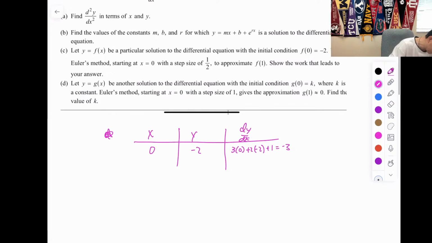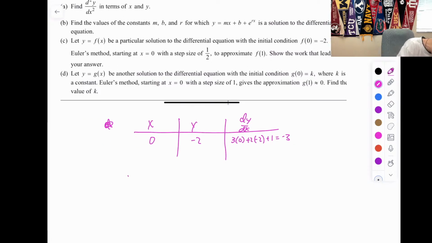Good. So can I use the equation of the tangent line? y plus 2 is equal to -3 times (x minus 0). Is that okay? So y equals -3x minus 2.